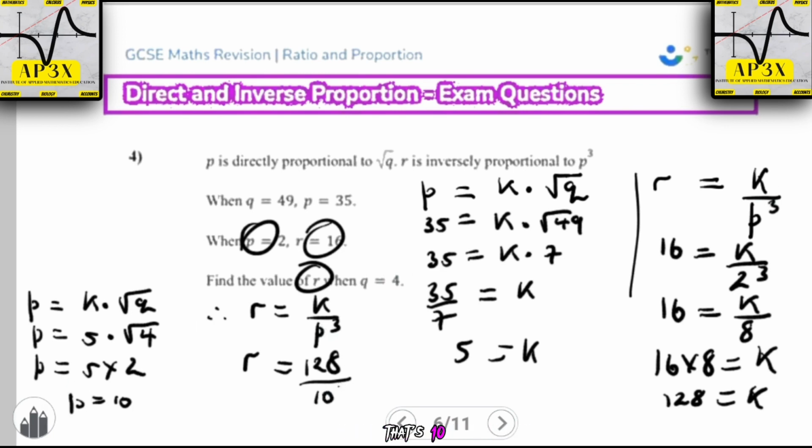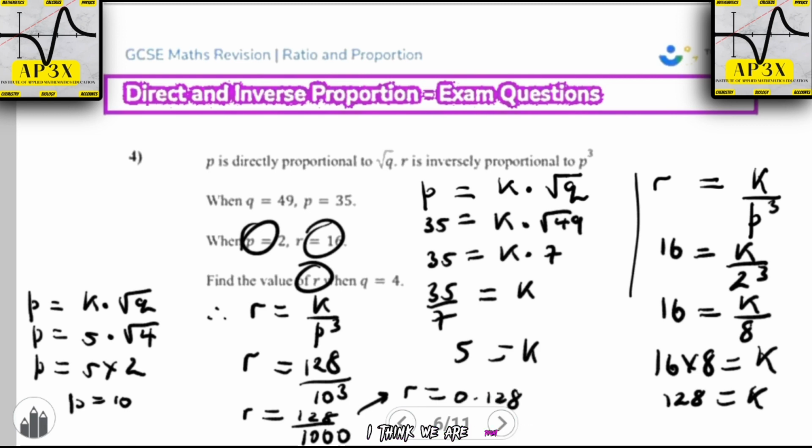So that's 10 cubed. Let's double check, make sure that we are right. I think we have it right. This is 10 cubed, guys, so R is equal to 128 divided by 1000. So it works out that R is equal to 0.128.